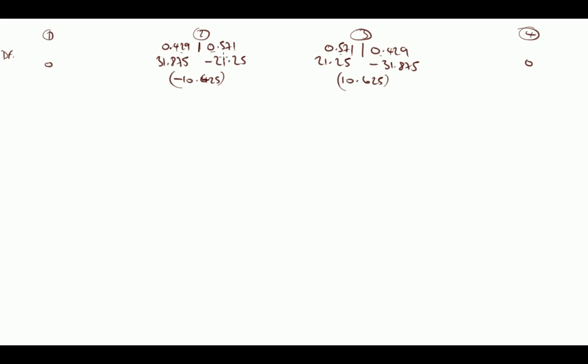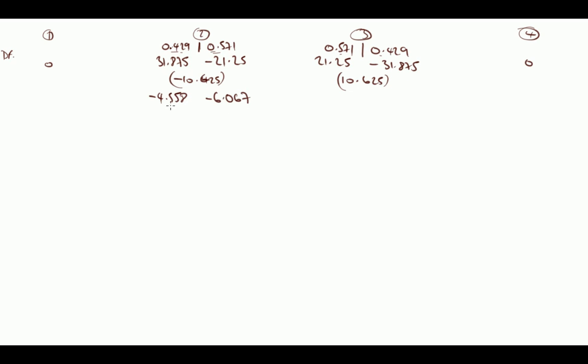So we distribute that moment in the ratio of these distribution factors. So 0.429 times minus 10.625 is minus 4.558, and 0.571 times that is minus 6.067.